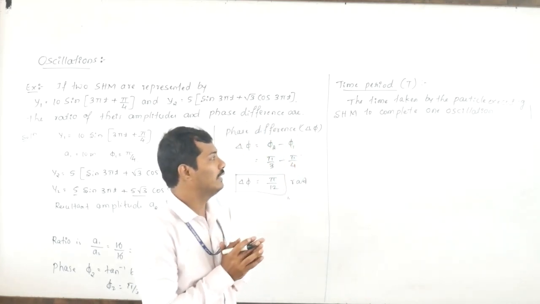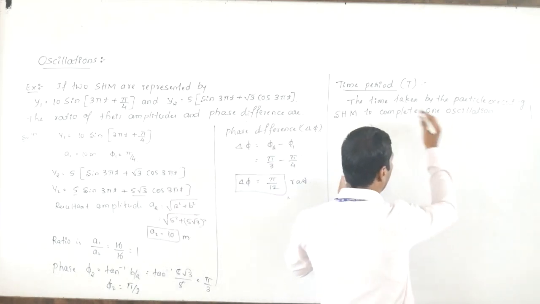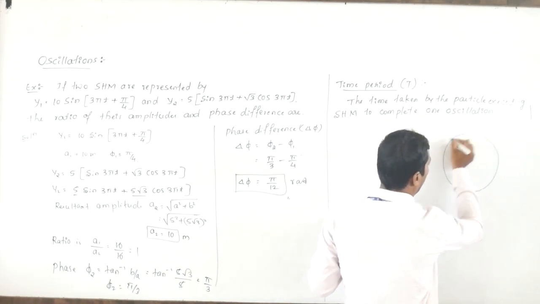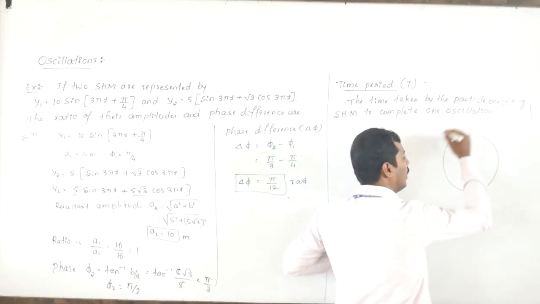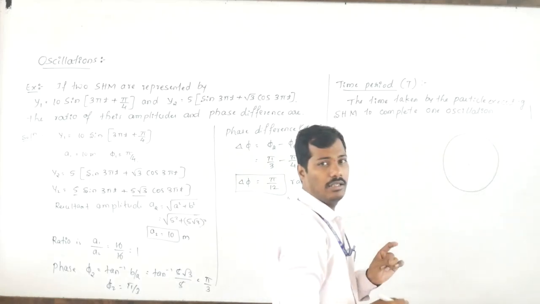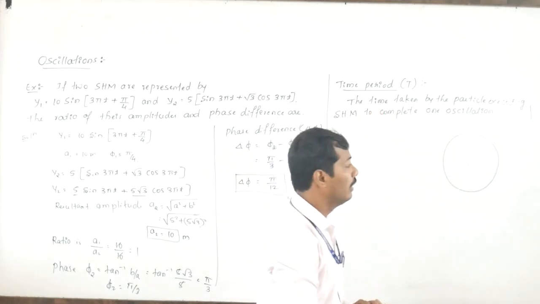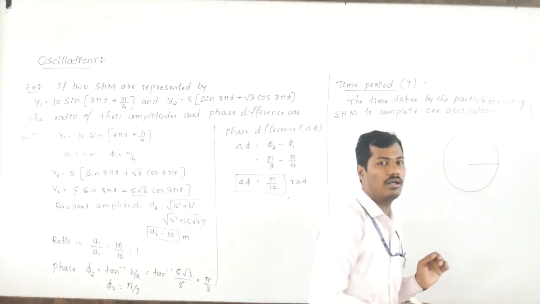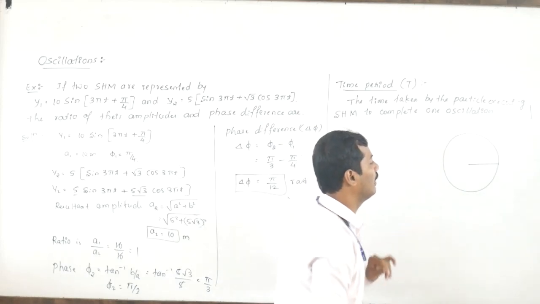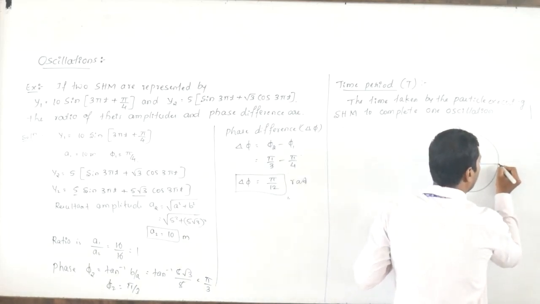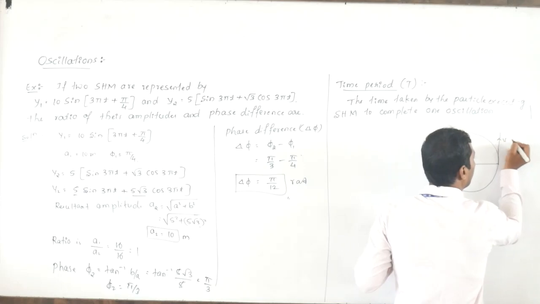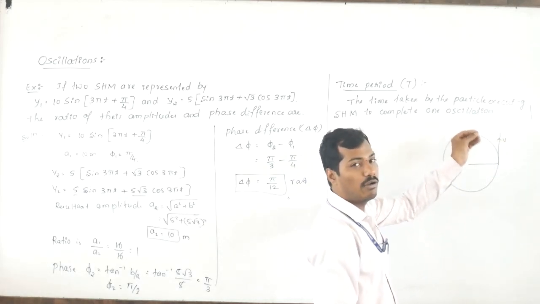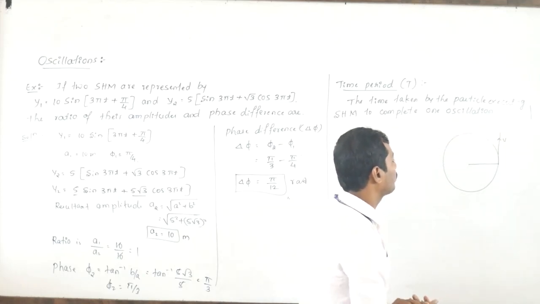If it is continuously rotating like this, the time taken to complete one revolution is called the time period. If it is traveling with a linear velocity v, the angular velocity is the angular frequency, omega.